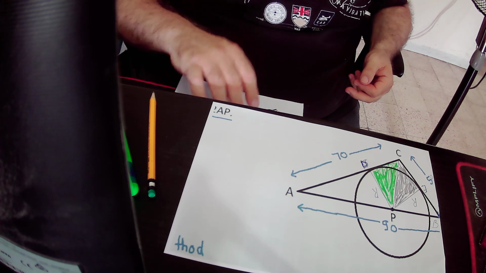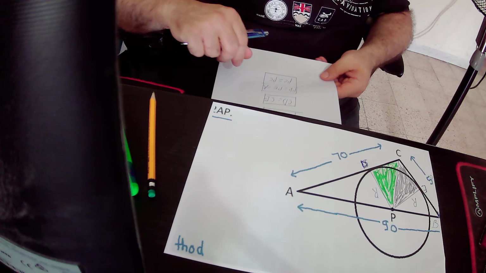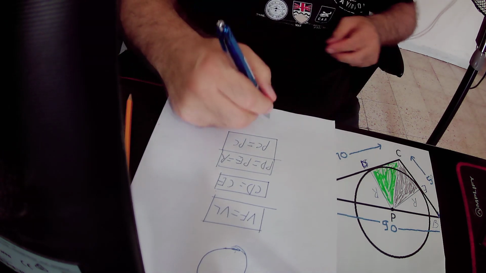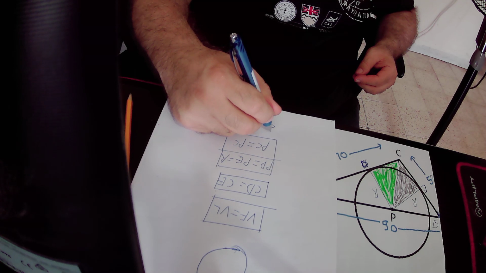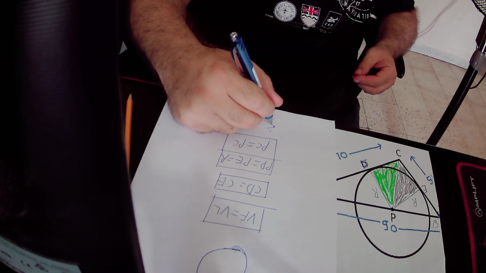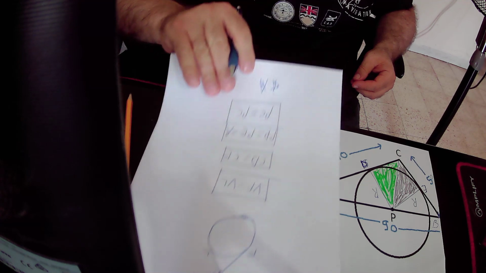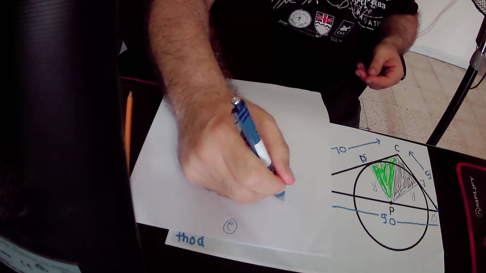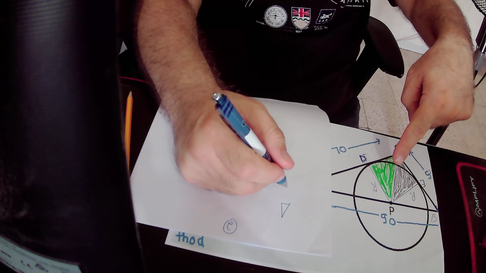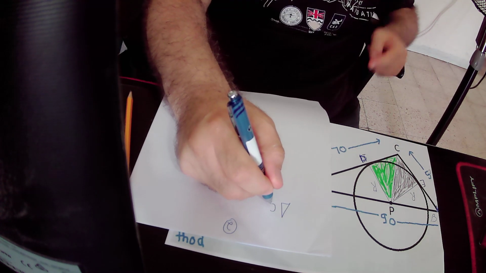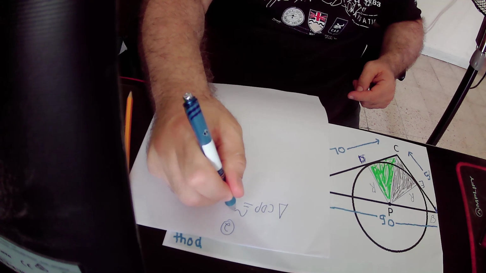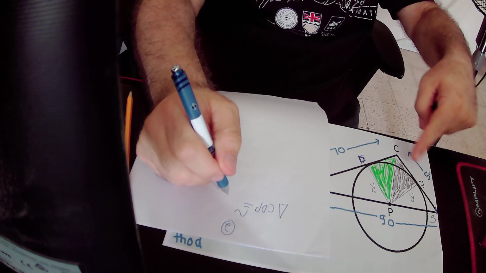So we can write, on a new page, that the green triangle CDP overlaps the black triangle CEP.